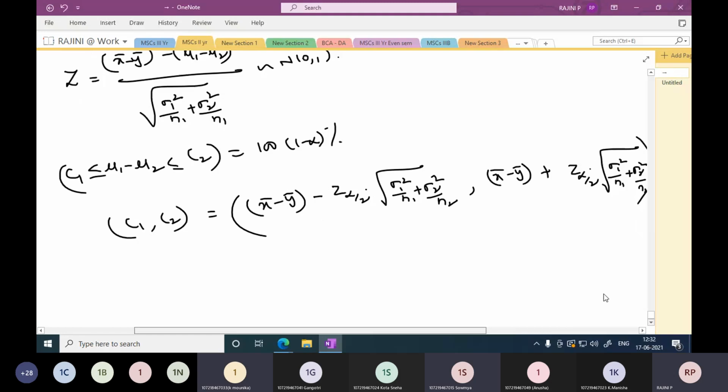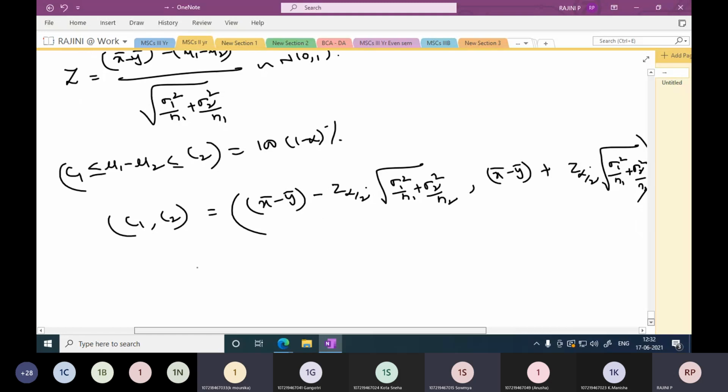C1 is X bar minus Y bar minus T alpha by 2 into Sxy under root of 1 by n1 plus 1 by n2. Wrong. What is the T formula for difference of means?